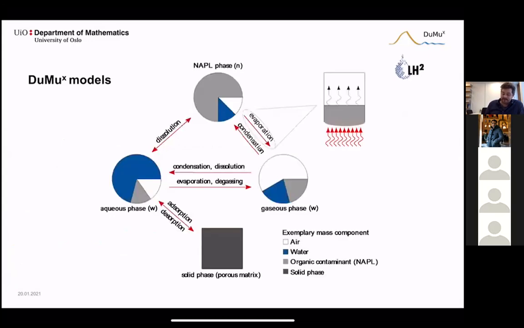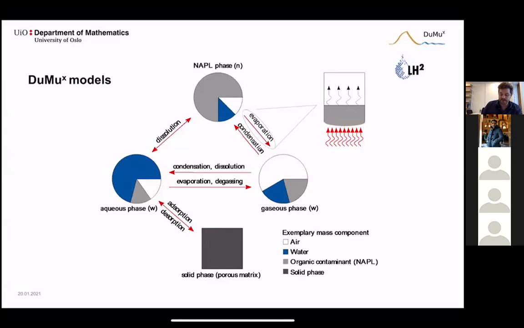And as I said, there's some solvers in there. You could also put in your own solvers for simplifying aspects of your state of the fluid and solid phases. And there's different effects included, including evaporation, condensation.